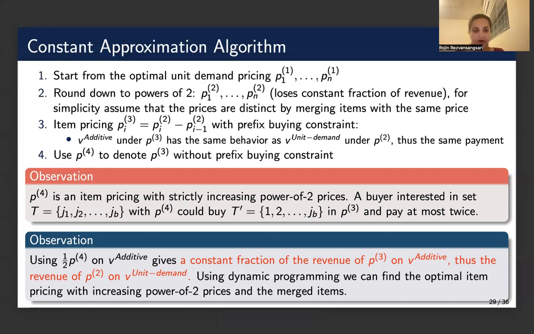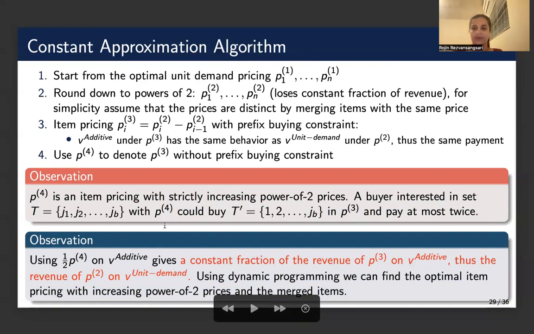Okay, so now that we know some scaling of P4 gives a close revenue to P3, and we know that the revenue from P3 is equal to revenue of unit demand on P2, this means that using this additive price in P4, we can get a revenue close to revenue of unit demand buyer within a constant factor.